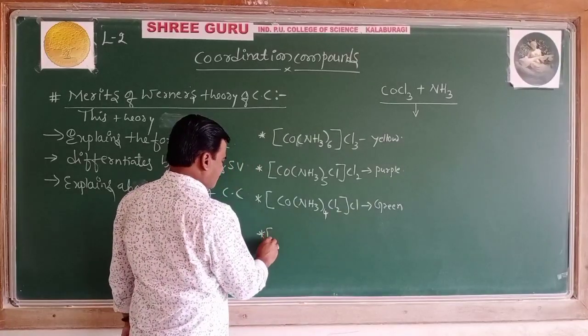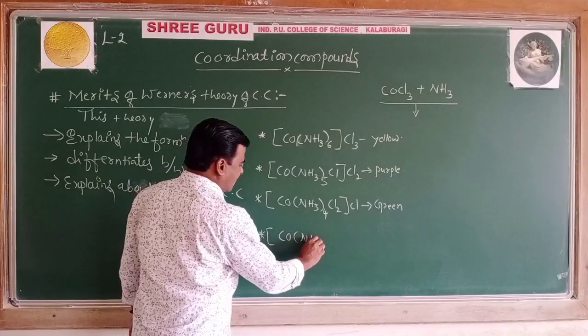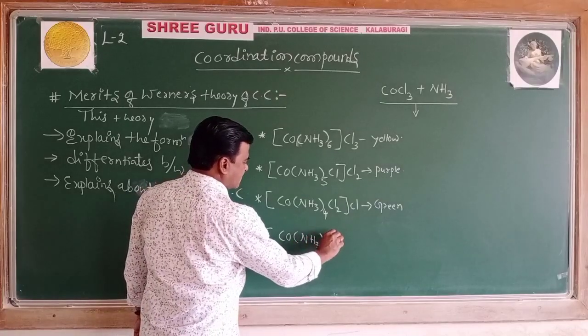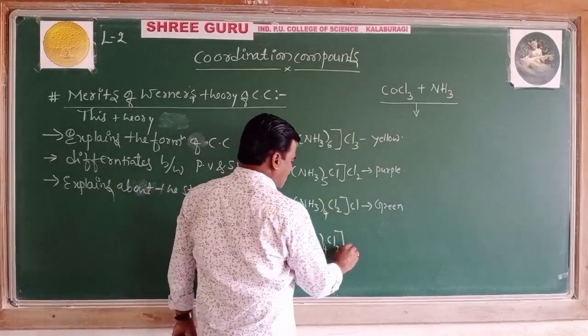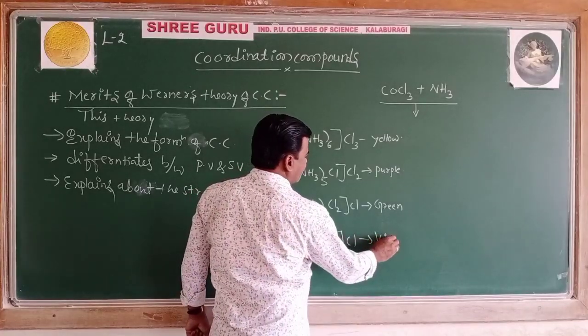Last compound, Co(NH3)4 Cl2 Cl, the empirical formula is the same, which was found to be violet in color.